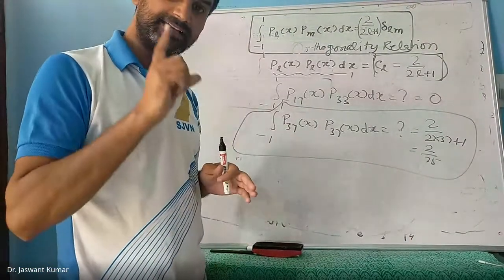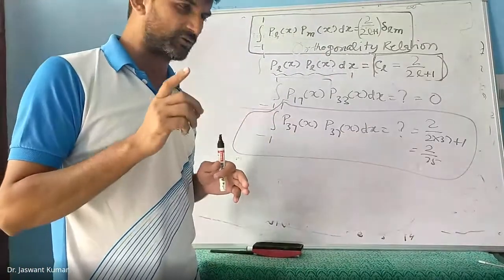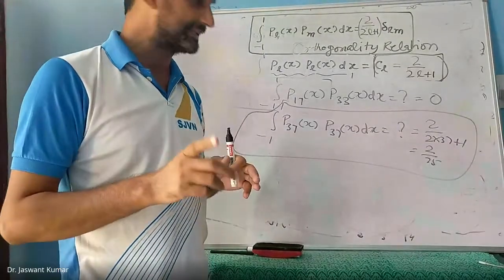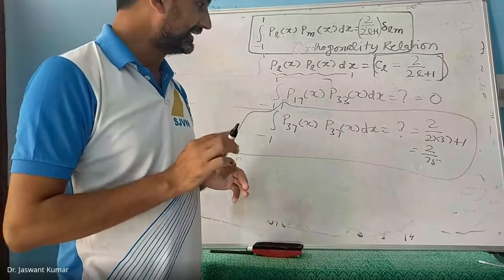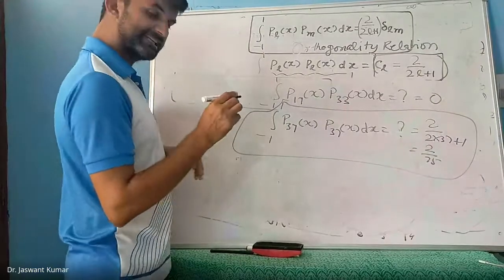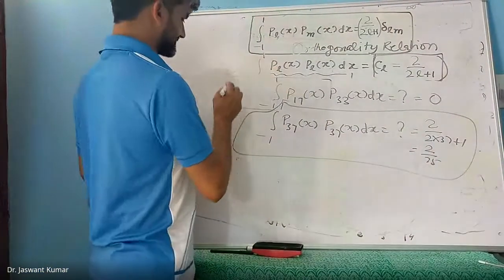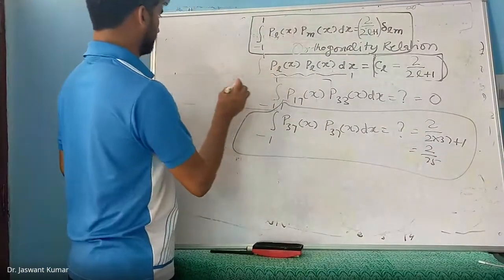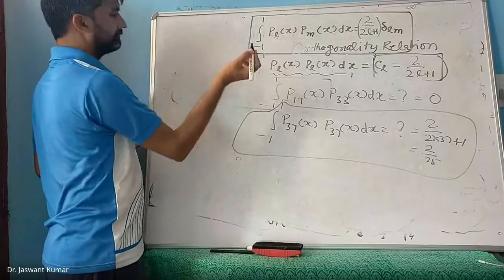I will request you, this is not even a request, I will give you the Rodrigues formula for one of the polynomials, let us say the Hermite polynomial. This is now an assignment.